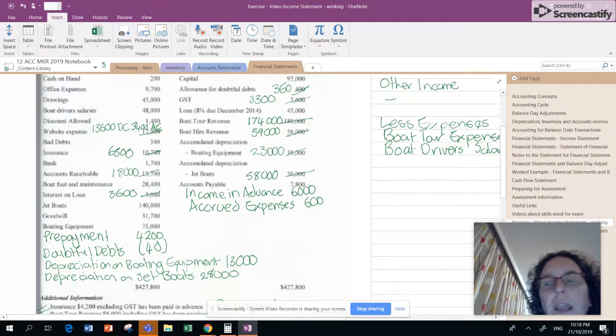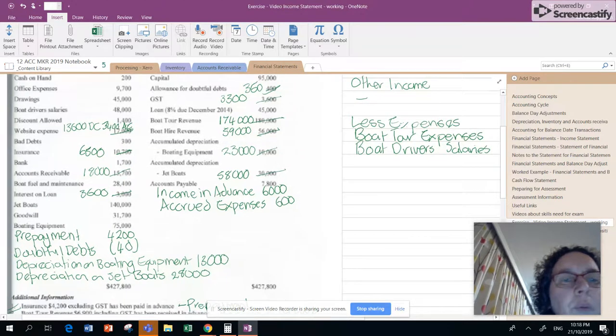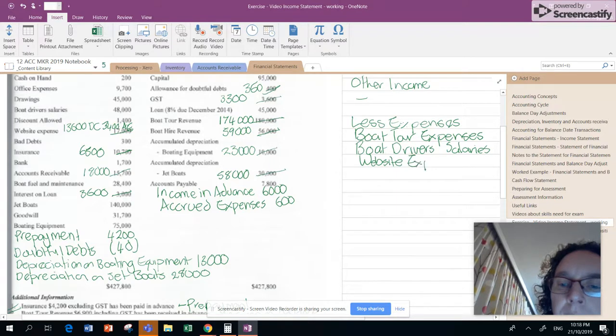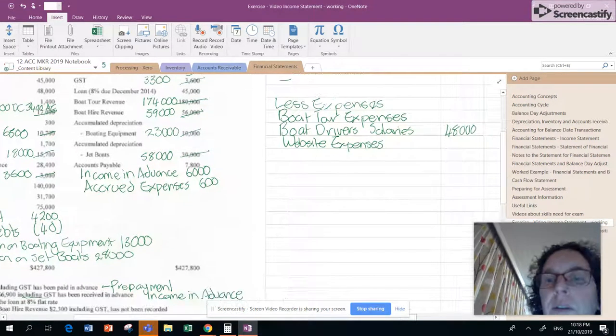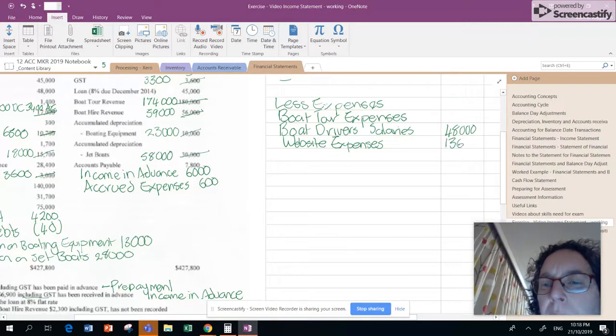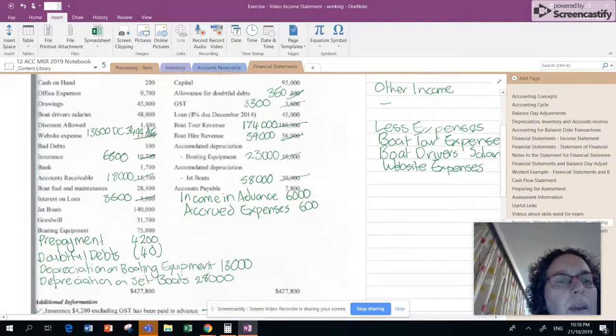Our discount allowed is going to go on our administrative. Website expenses, we've already split that out, and that is 13,600. Bad debts is going to go in administrative. Insurance is under administrative.